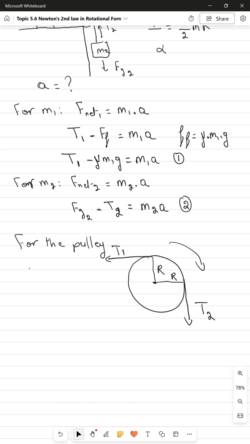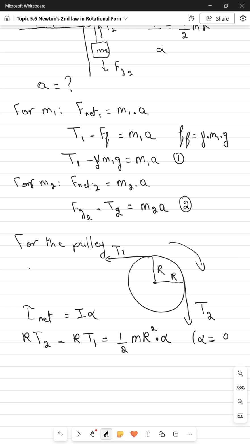So for the pulley, the net torque equals I times alpha. What are the torques? It's going to be R times T2 minus R times T1 equal to 1 over 2 m, the mass of the pulley, times R squared times alpha. Now we know that alpha is equal to a over R. Why do I need this?